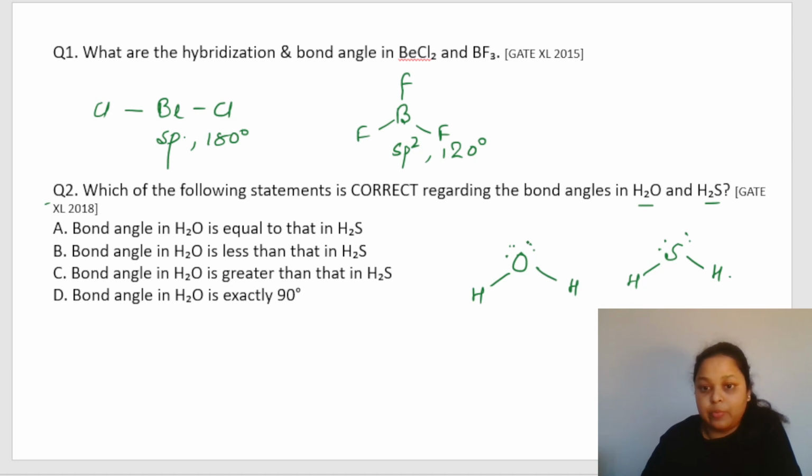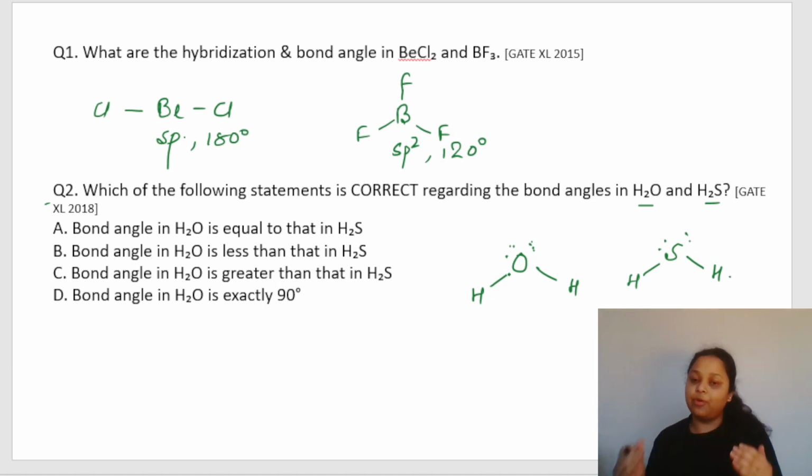So these lone pairs will push the bond pairs away from them, because the repulsion between lone pairs is greater than the repulsion between lone pair and bond pair, which is greater than the repulsion between bond pairs.